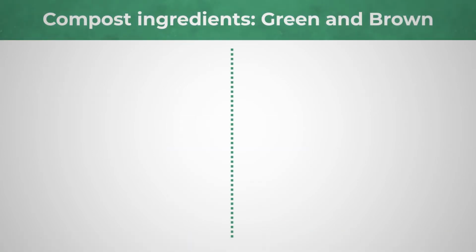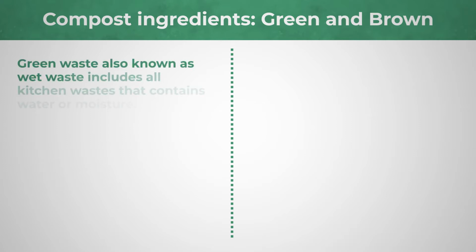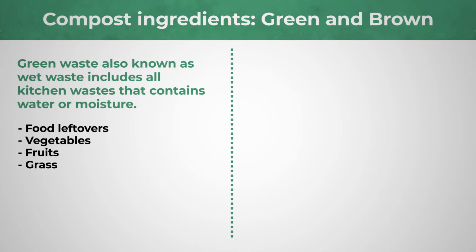Composting requires 2 types of compost ingredients, the green and the brown. Green waste, also known as wet waste, includes all kitchen wastes that contain water or moisture. Examples of green waste include food leftovers, vegetables, fruits, and grass.